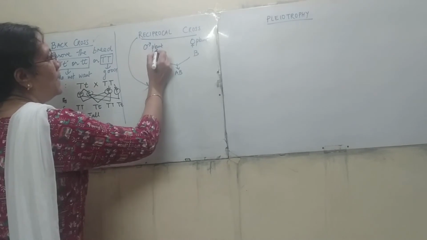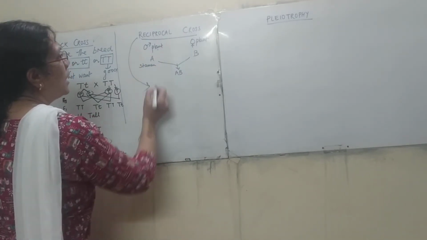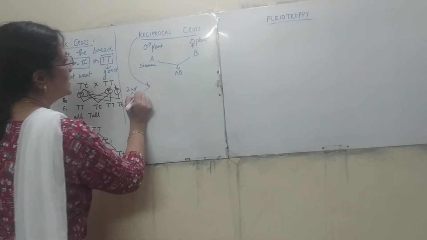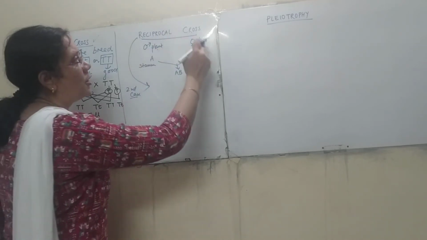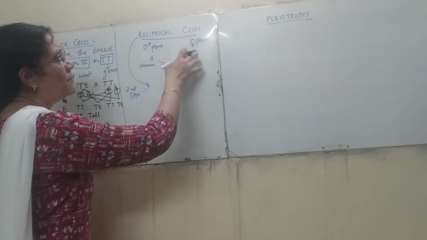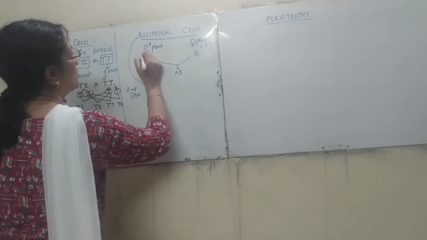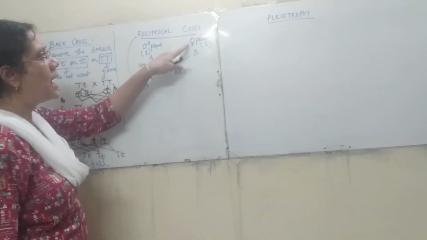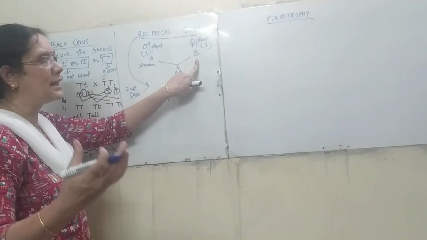That means here the male plant means it was the stamen. Now in the second case, what happens? Reciprocal means the stamen is now going to come from the other plant, that is the second plant. This is plant number 2, this was plant number 1. From plant number 1 you had taken the stamen, and from plant number 2 you had taken the stigma.